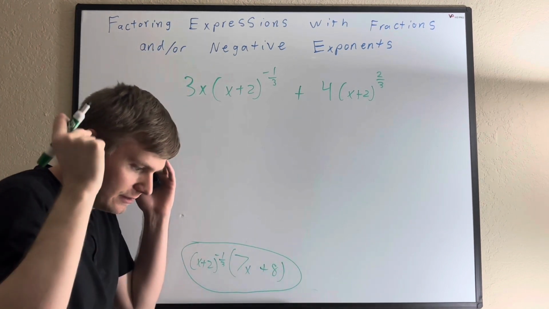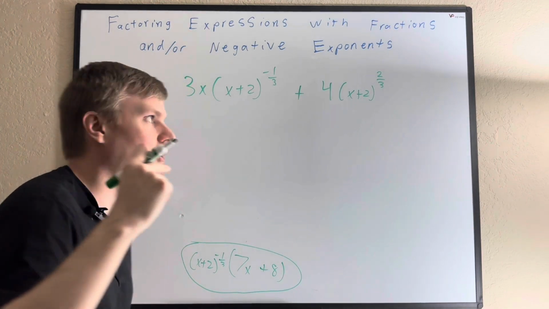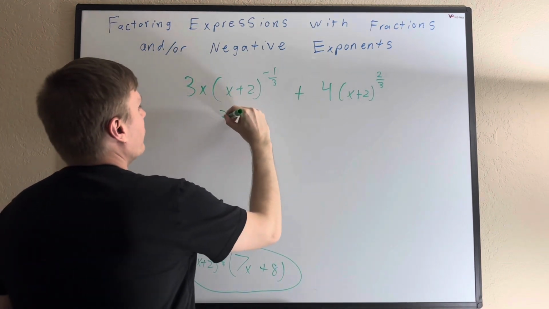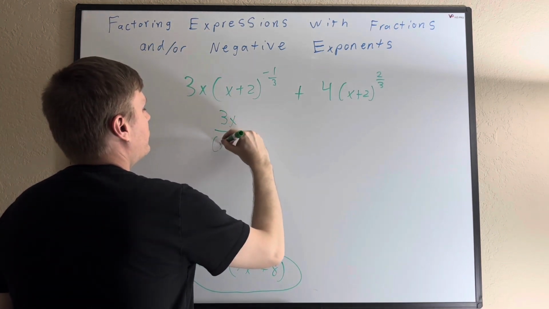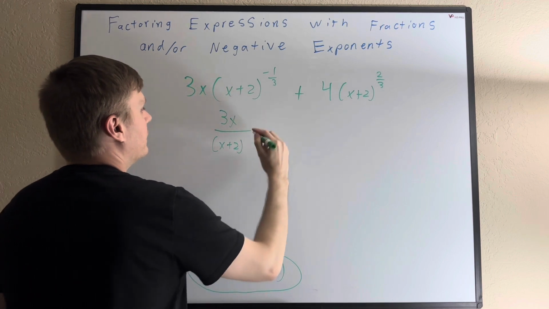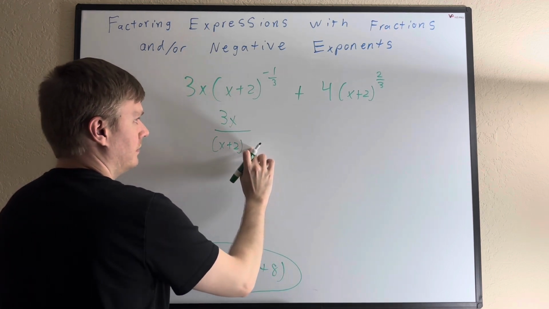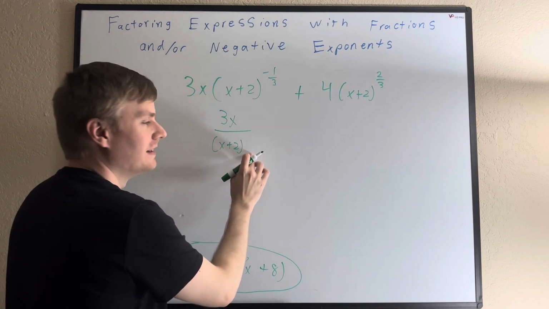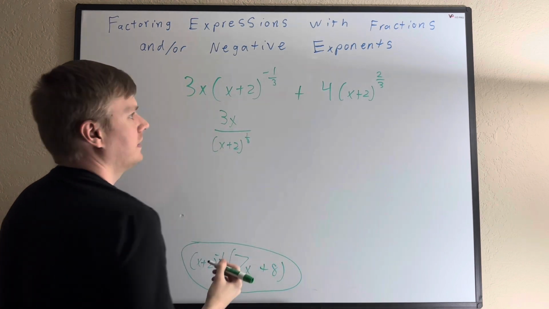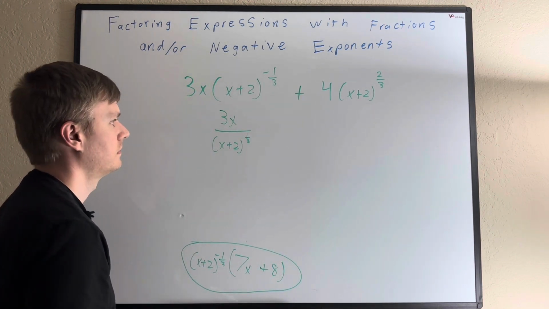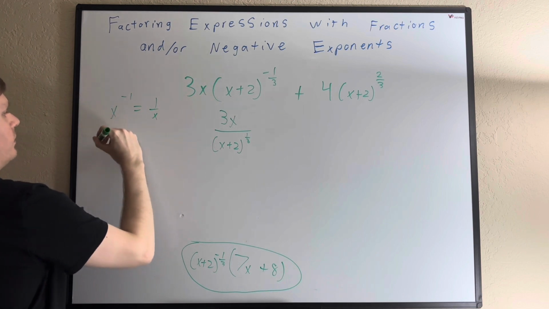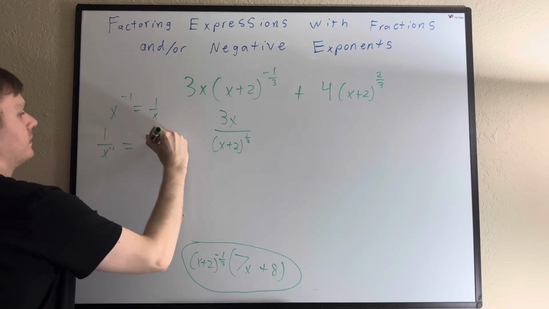So instead of thinking greatest common factor first, whenever I look at a problem like this and I see a negative exponent, I think, oh, there's that reciprocal rule, where if you put the number with the negative exponent on the other half of the fraction, it becomes a positive exponent, right? x to the negative 1 equals 1 over x, and 1 over x to the negative 1 equals x.